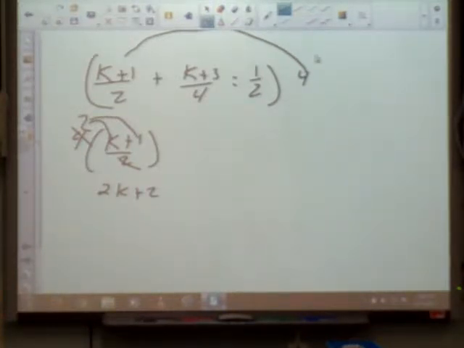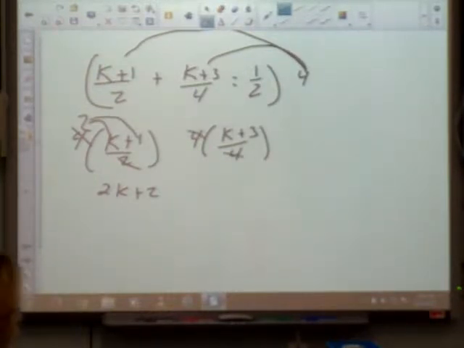So if we take a 4 to our second term, I'll have 4 times (k plus 3) over 4. I like this one. 4 over 4 is 1, so that doesn't change, does it? So I'm going to bring down my k plus 3. Tell me where you lost it. Okay, we distribute our 4 here, so that means I have to multiply it by (k plus 1) over 2, because that's the first one, right?